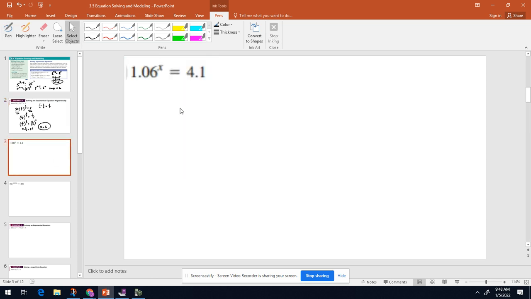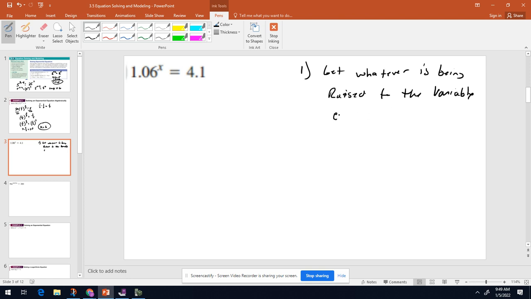Now, when we look at this next example, you can clearly see I'm not going to be able to make 1.06 equal to 4.1. You're not going to be able to do it. So what we have to do is, one, we have to get whatever is being raised to the variable exponent by itself.